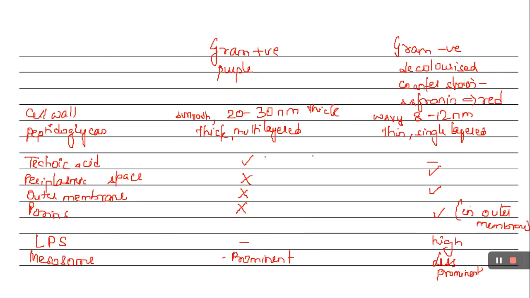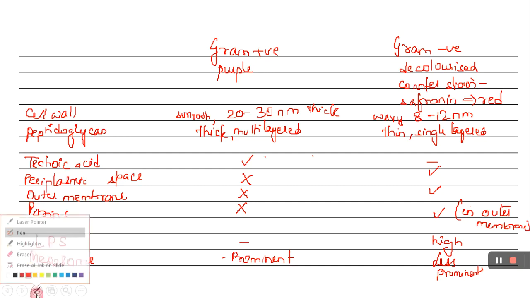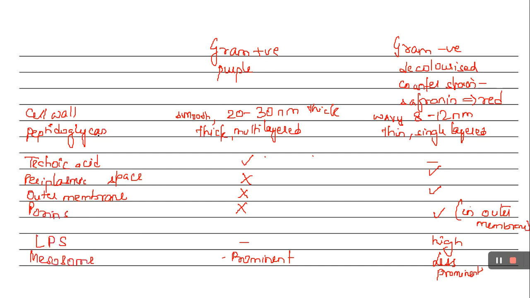So what is teichoic acid? Teichoic acids are polymers of glycerol joined by phosphate bond.